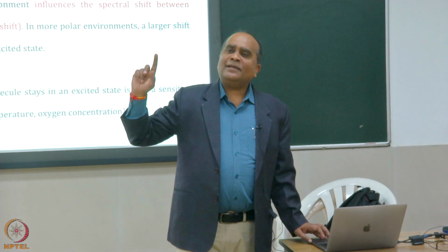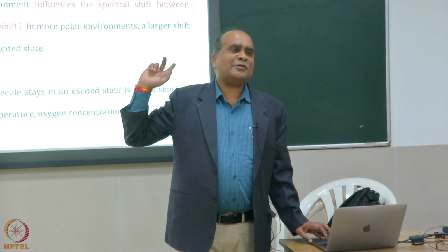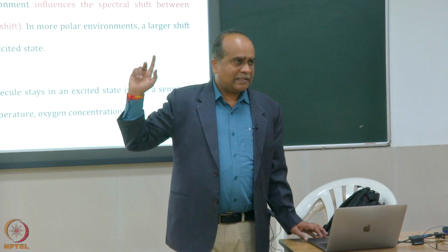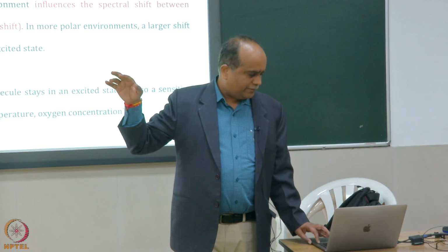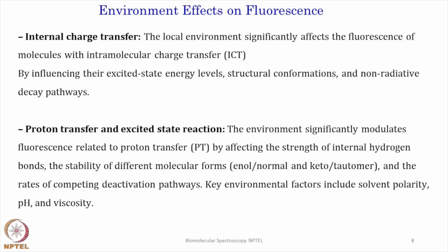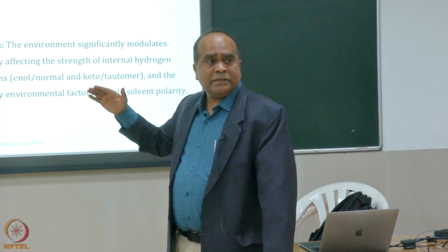First of all, your protein has to be happy in that environment. Second, it should be polar enough to give you the signal. Now, another important consideration, there is possibility of internal charge transfer, right. So, the local environment as we are discussing has a significant effect on the fluorescence intensity, and an intramolecular charge transfer can happen by influencing the excited state.